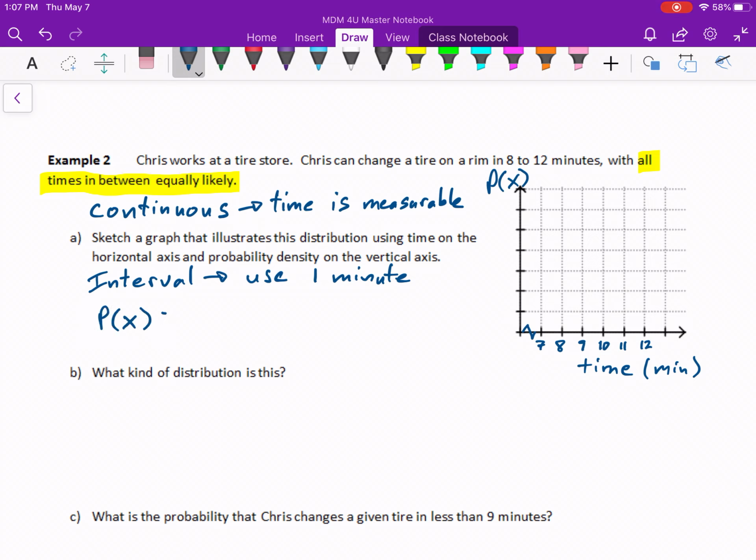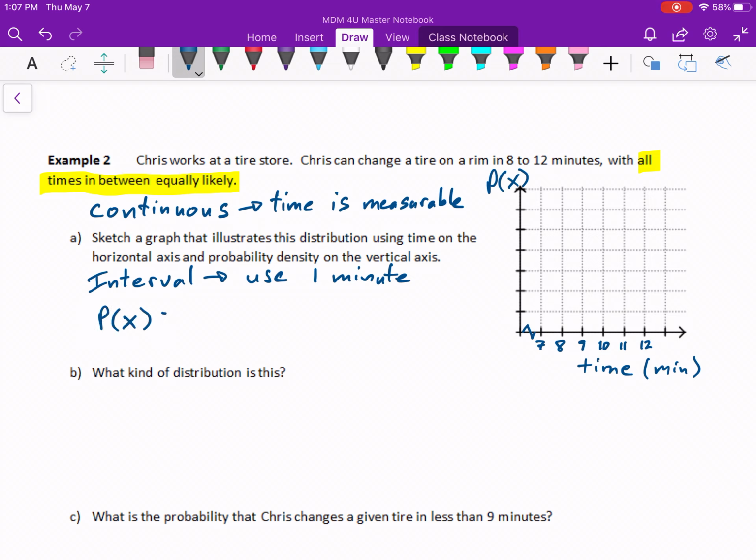So the probability that a time for any given tire change is going to fall in a particular interval, since they're all uniform, all equally likely, means that I would take the 100% probability divided by the number of intervals, which in this case is 4. That means there's a 25% probability that it will fall in any interval.